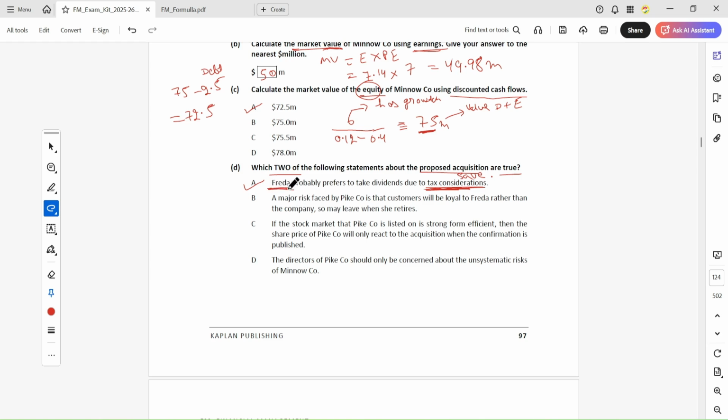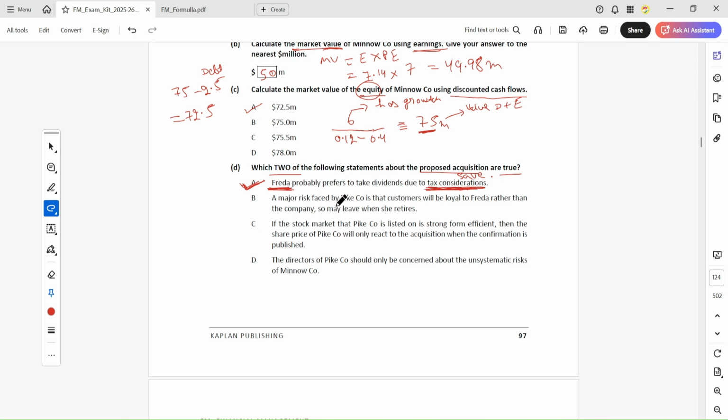The decision to take salary or dividend is generally because of tax consideration, so in order to save tax, the owners take either dividend or salary. So this is correct.